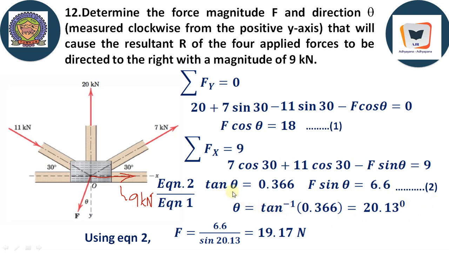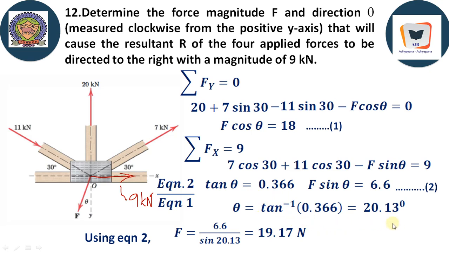Therefore, tan theta: if you divide equation 2 by equation 1, F and F will get cancelled, and we will get sine theta by cos theta, which is nothing but tan theta. Tan theta equal to 6.6 divided by 18, which gives us 0.366. Therefore, theta is tan inverse of 0.366, that is 20.13.